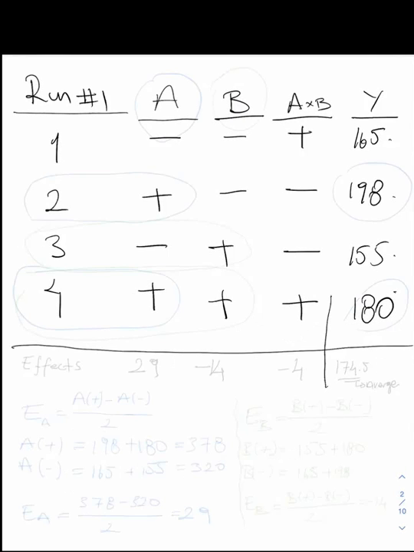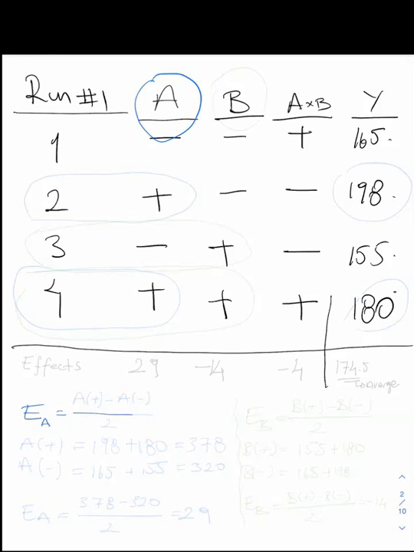What we will do is to calculate the effects of A, B and AB interaction. Let's start with A. I am going to write this in blue. So define the effect of A as EA here.